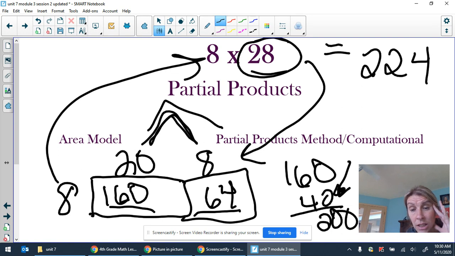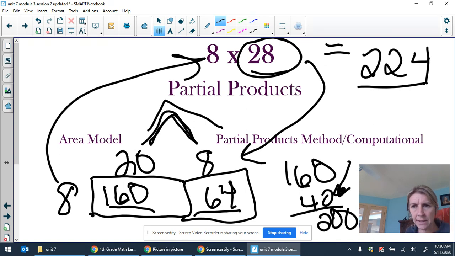Let me double check. 40 plus 24 is 64, and then I just had to add that to the 160. I used the 40 just to get to that friendly 200. So the answer is 224. That's using the area model, partial products method.